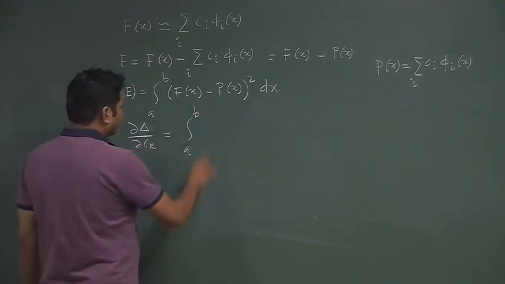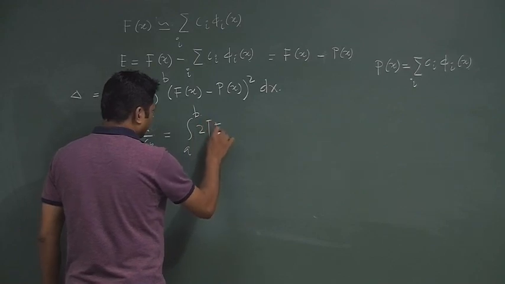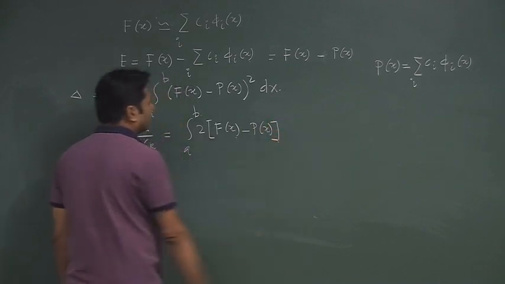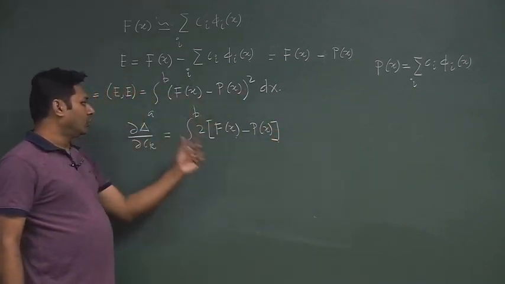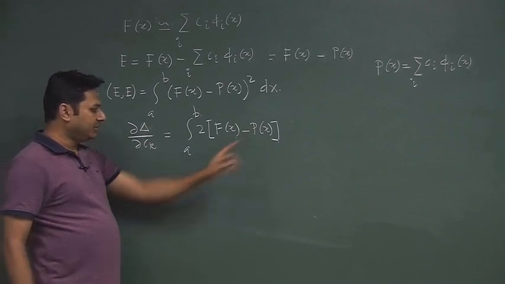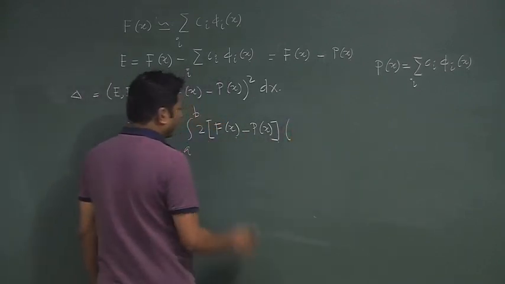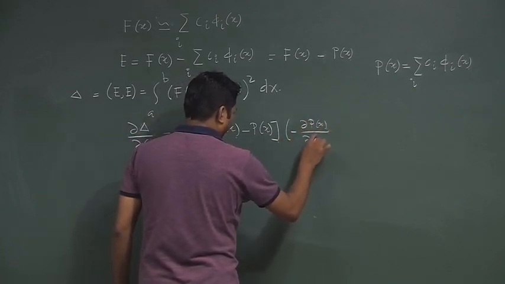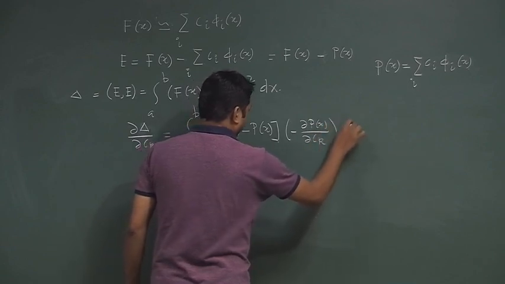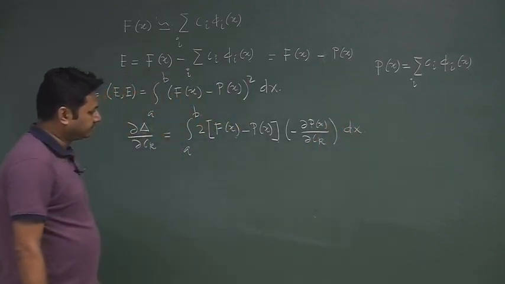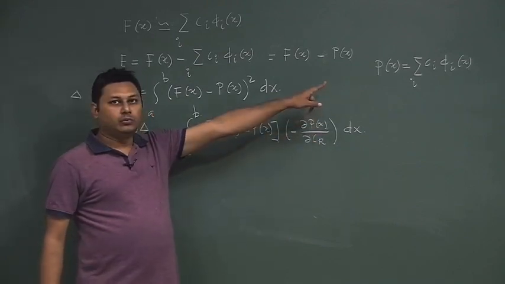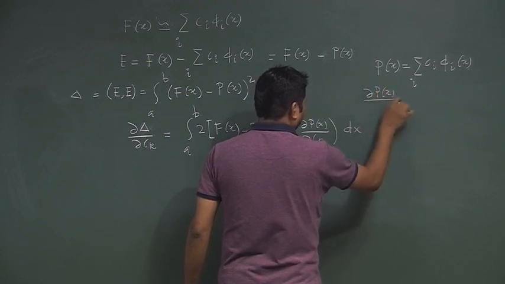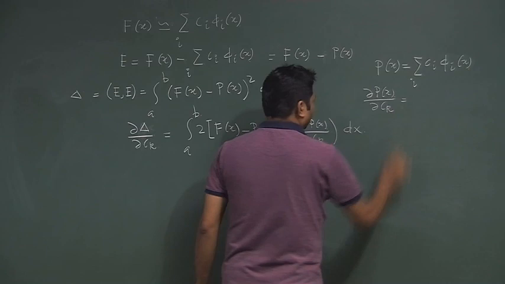Then the right hand side has something like 2 times (f(x) minus p(x)) multiplied by the derivative of this quantity over C_k, with a negative sign, minus. And what is the partial derivative of p(x) with respect to C_k?